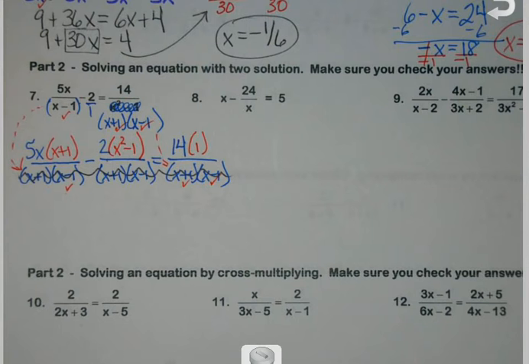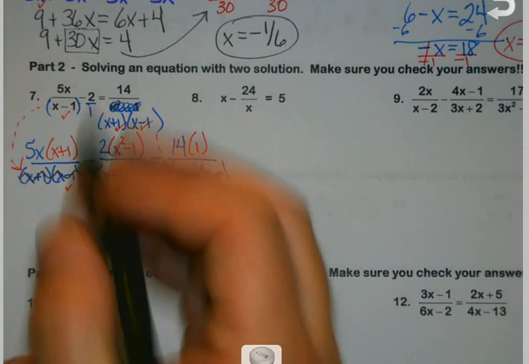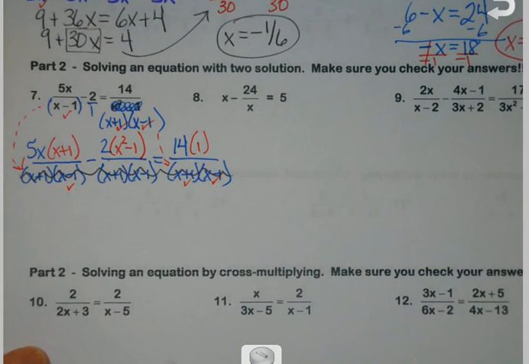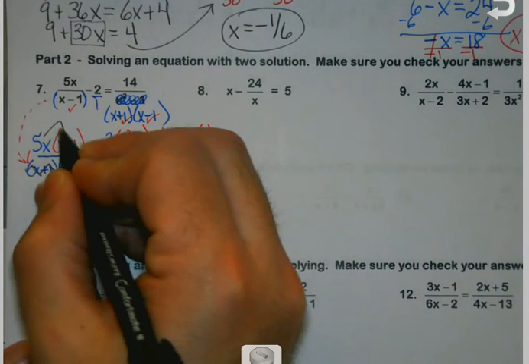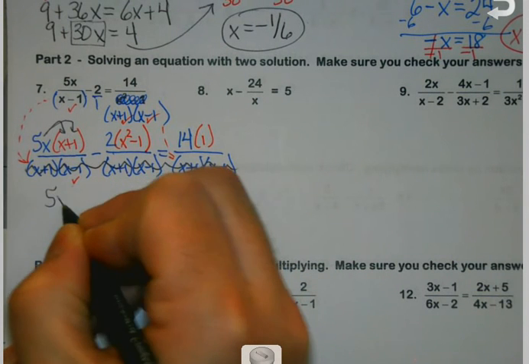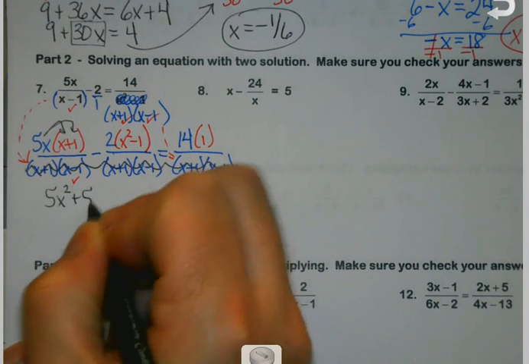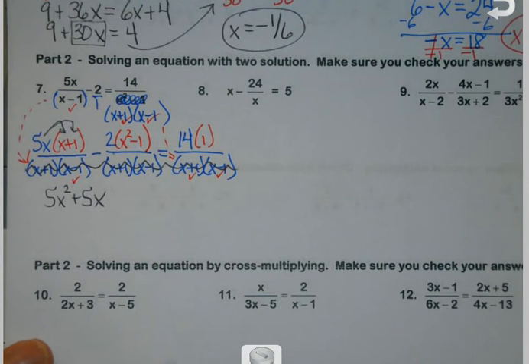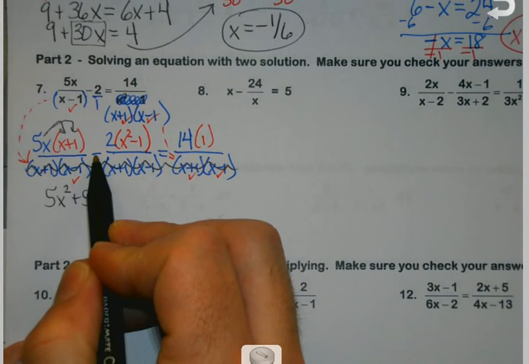And I start to look at this. I'm actually going to write it all out this time instead of trying to do my little side work because there's enough congestion going on here. So 5x squared plus 5x, because I got to distribute to both, not just the first term. Careful, we have a minus in here this time.